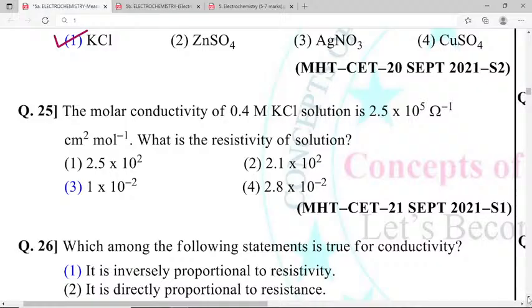The concentration is given, molar conductivity also given. What is the resistivity? Rho we have to calculate. Good question.